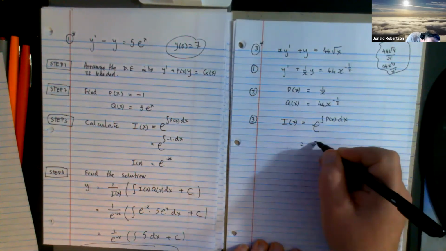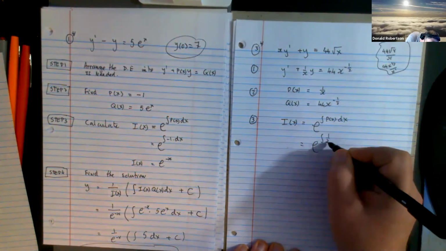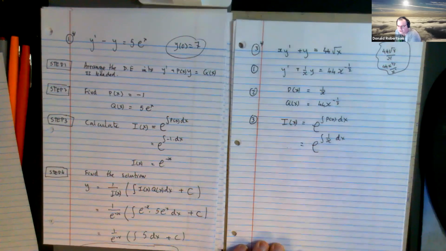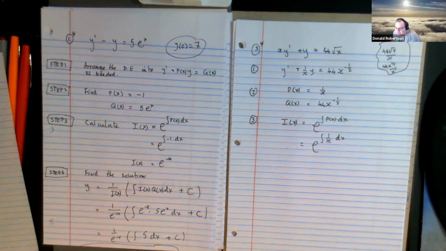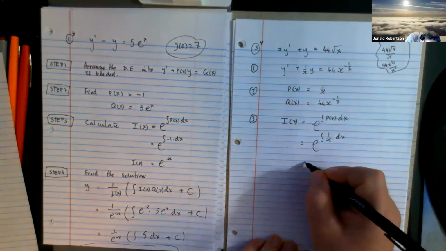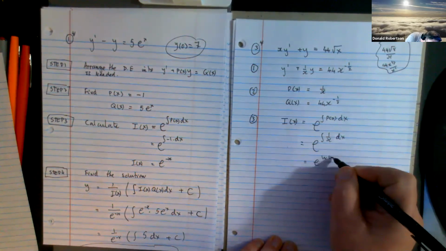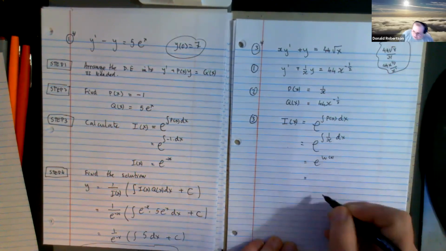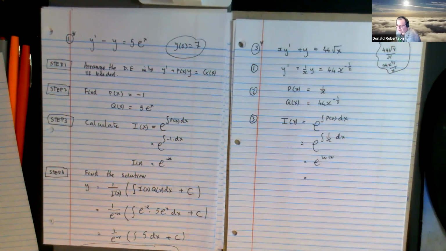Now, can you see why I wrote the P of x as 1 over x now, rather than x to the negative 1, which was my other choice? Is it not that special case where the power rule doesn't work, right? So we know that you don't want zeros, especially in the bottom. So this is going to be e to the natural log of x. Style points. Always have style points somewhere in your brain when you're finished.